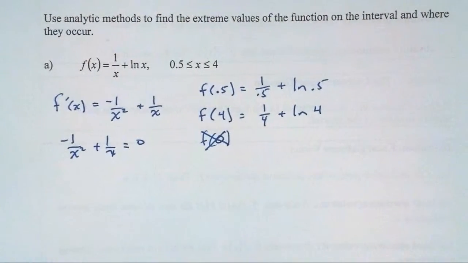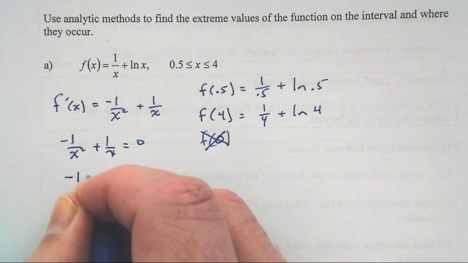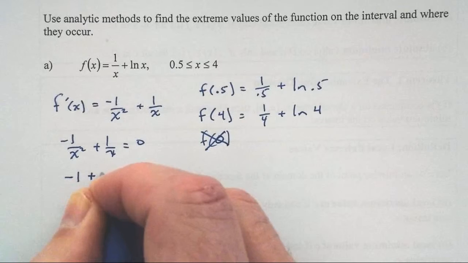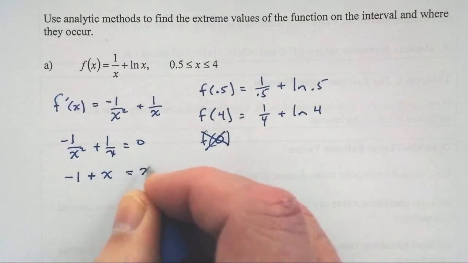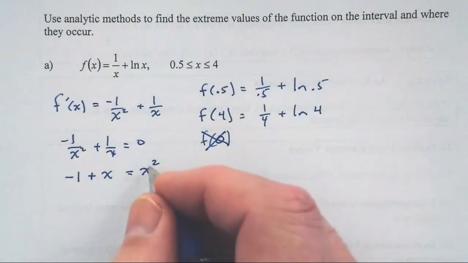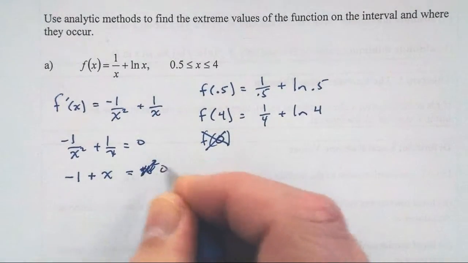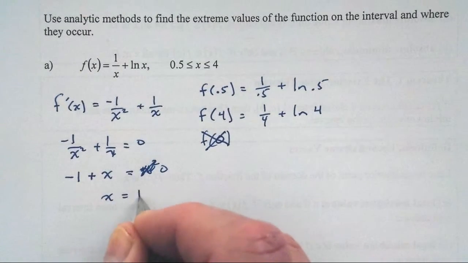I might be tempted to multiply both sides by x squared, and I get negative 1 plus x equals 0, since 0 times x squared is 0. And if I add 1 to both sides, I get x equals 1.